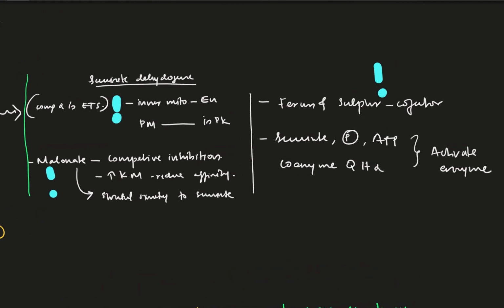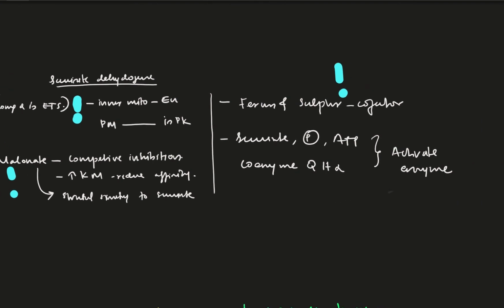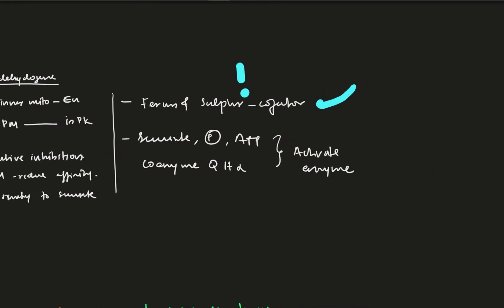It is seen in the inner mitochondrial membrane of eukaryotes and the plasma membrane of prokaryotes. And malonate acts as a competitive inhibitor of this. As a competitive inhibitor, it increases Km and reduces the affinity. This is due to the structural similarity of malonate to succinate. Then we have iron and sulfur acting as cofactor.